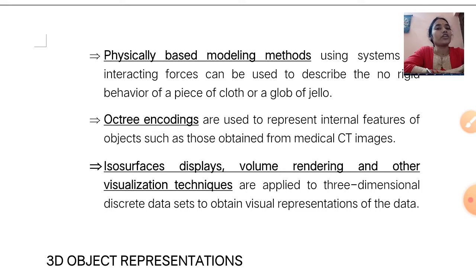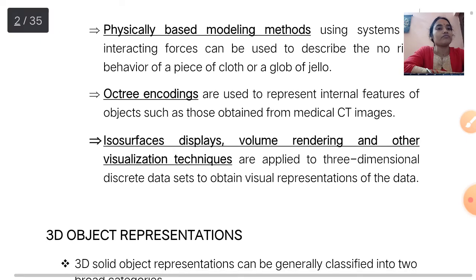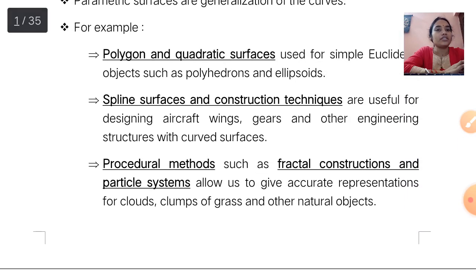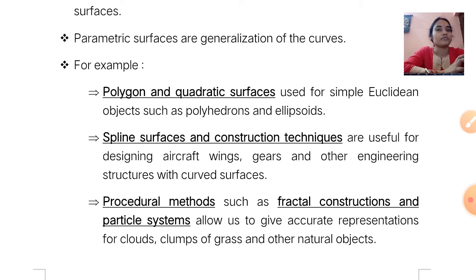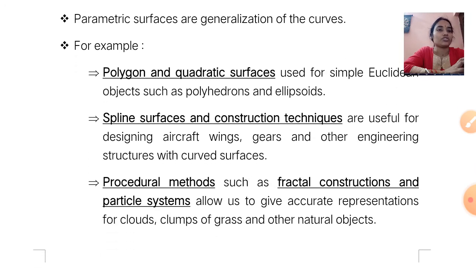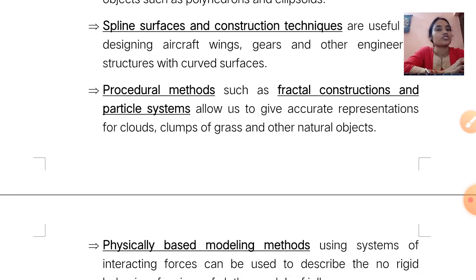That means octree encoding is used in the medical field. Last is isosurface display, volume rendering and other visualization techniques. It is applied to three-dimensional discrete data sets to obtain a visual representation of the data. So these are different examples from different fields where 3D object representations are used.